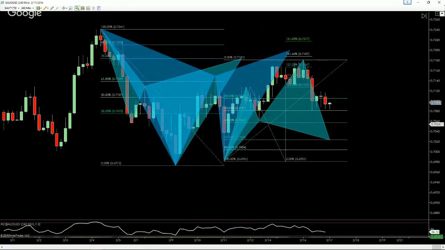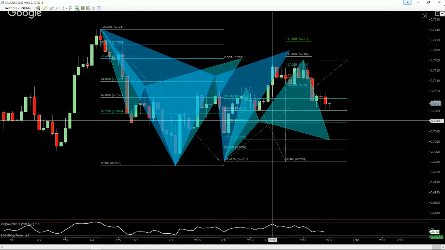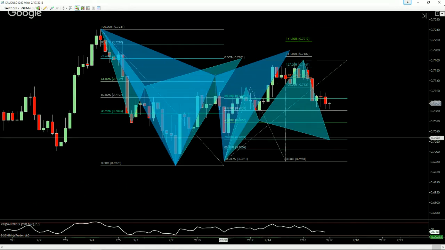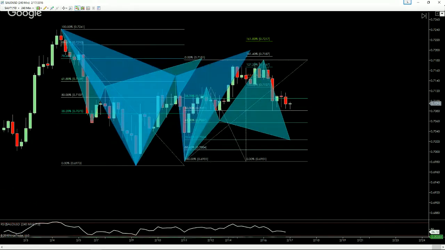However, there is a possibility that if that completes and you're not able to hit your 618, then that will be an invalid pattern. But if we did complete that cipher, that would be a valid pattern.